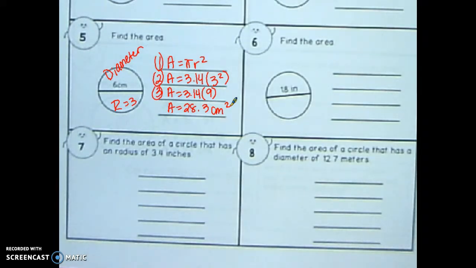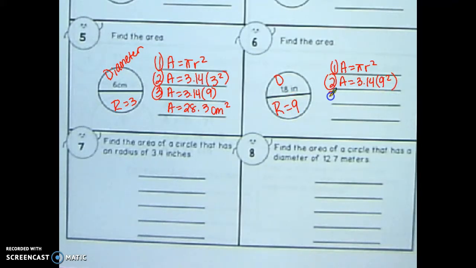Number 6, first thing we do is write down the formula. Area equals 3.14 times the radius. This is going straight across, so this is the diameter. Divide 18 by 2 and you will get that the radius is 9.